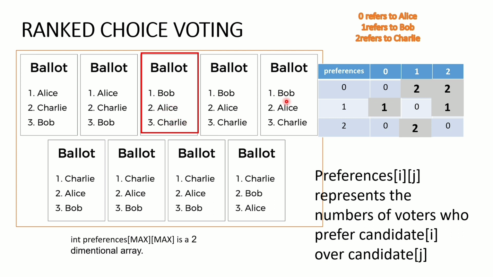Alice wins over Charlie, so 0 over 2, this value will increment to 3. Okay, these two ballots are absolutely the same, so we can just skip this.